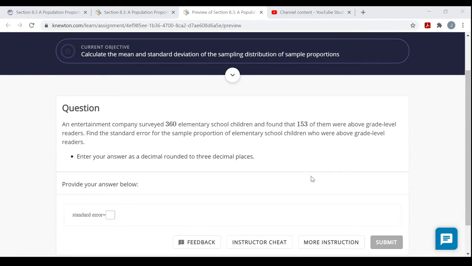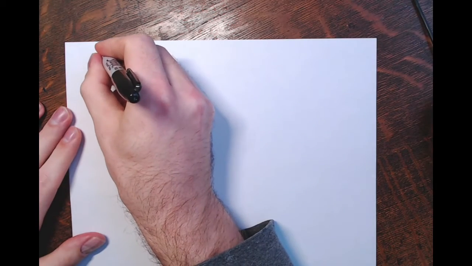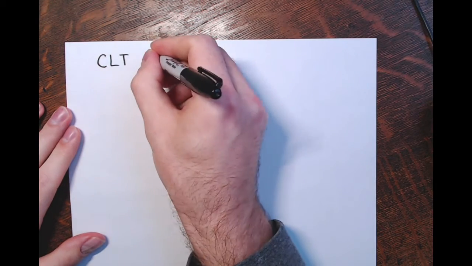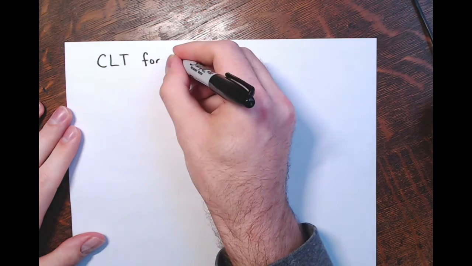Alright, so we have to remember some things about proportions and sample proportions. So I'm going to refresh your memory here as to what the central limit theorem for proportions stated. It's on a piece of paper. So we have the central limit theorem, the CLT for proportions.